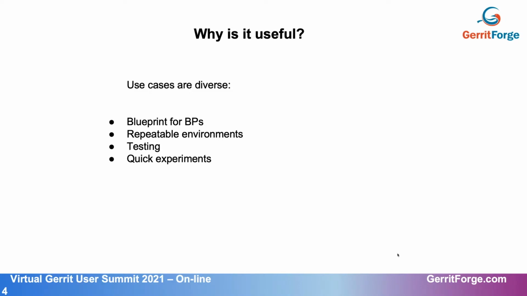So overall, it can give you the ability to run quick experiments on something that is a little bit more complex than just spinning up a Gerrit Docker container on your instance. In fact, we found this to be very useful on many occasions.